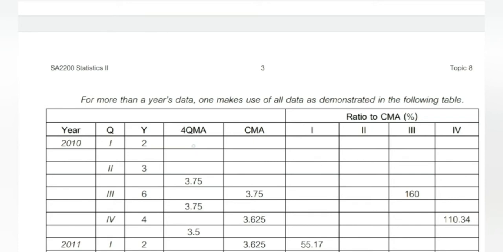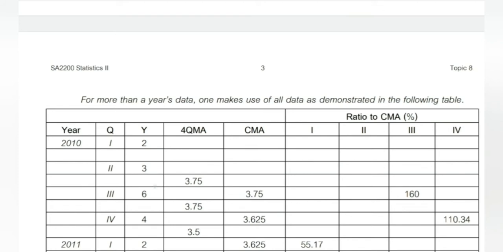So in this year, you find the average quarterly value of Y. First 2 plus 3 plus 6 plus 4, then divide by 4. Average 3.75. You choose the middle one. If you see the position, you know the mean of which seasons this is: 2 above, 2 below.